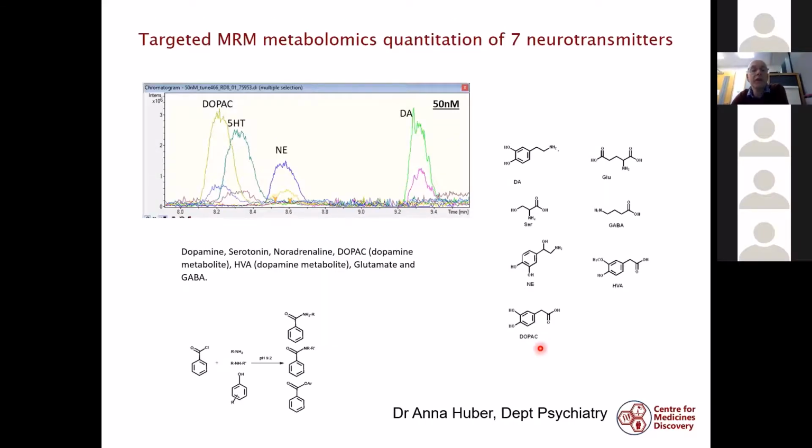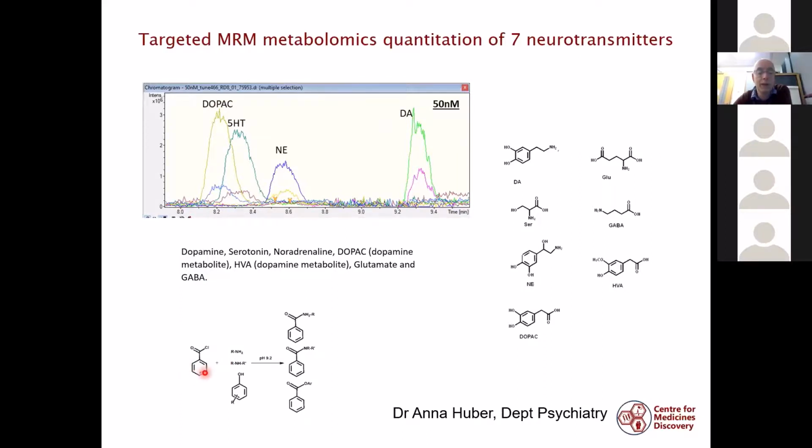So another thing you can do with MRM is you can use it to measure multiple analytes, and this is an example of using MRM to measure different neurotransmitters. So these are the neurotransmitters within this sample, and what we're able to do is use this compound to label them.